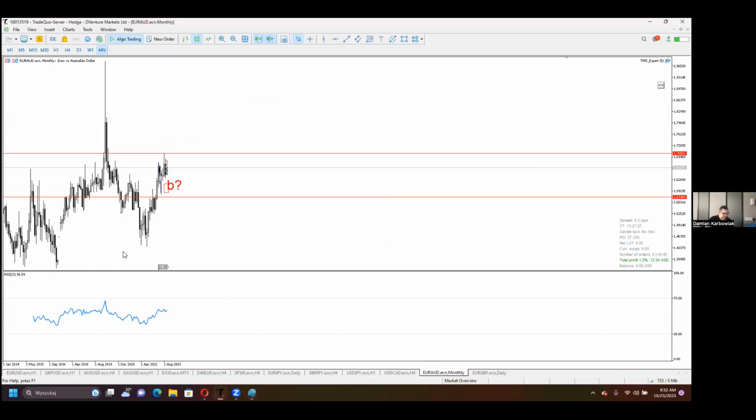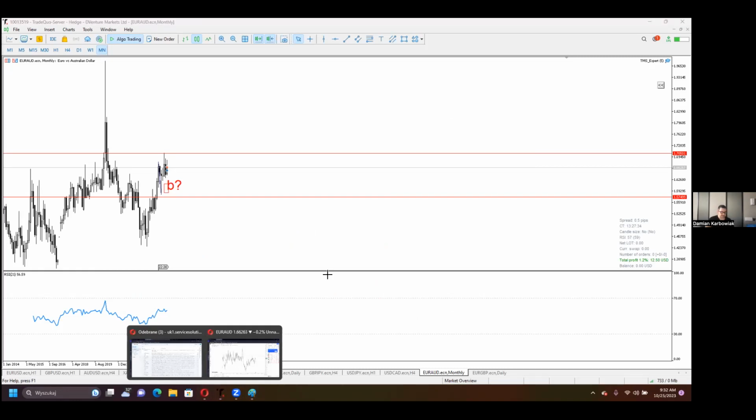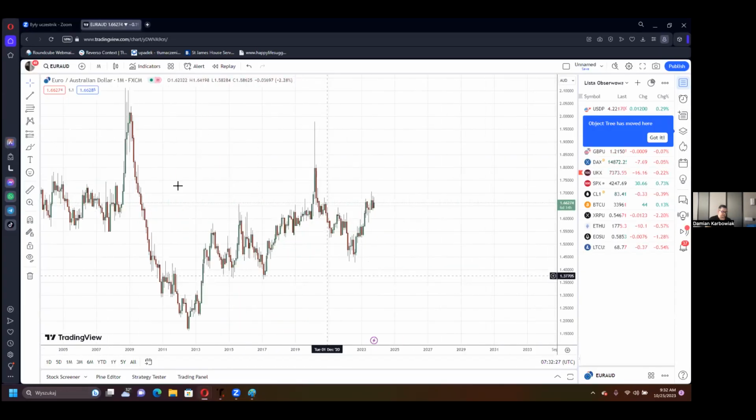After that, there is still not enough history here, so let me go back to TradingView. This is also the answer for your question, Łukasz, from yesterday, how to do measurements in TradingView.